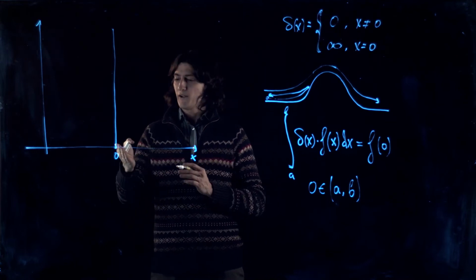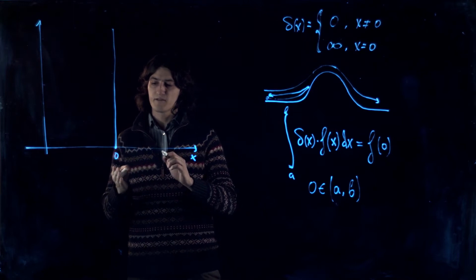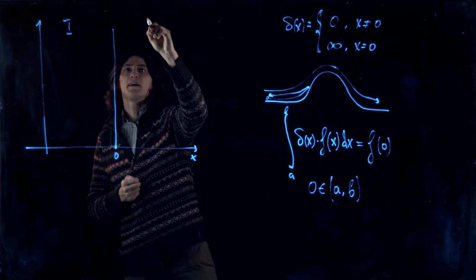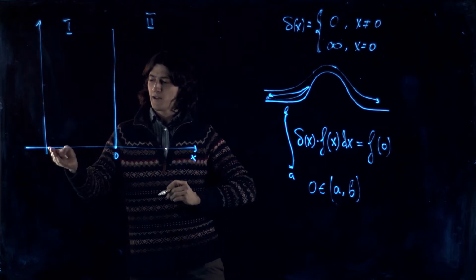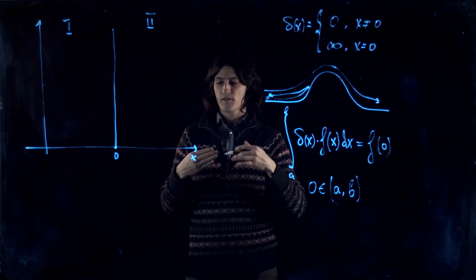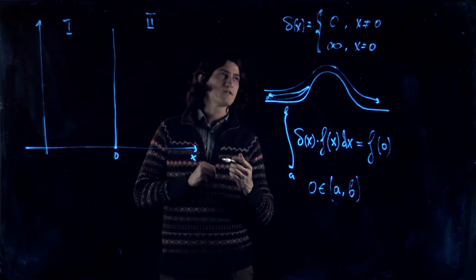So you can see that in that case we can divide our space into two regions. In each region, the potential energy is equal to 0, and in those regions, the Schrödinger equation will be extremely simple.